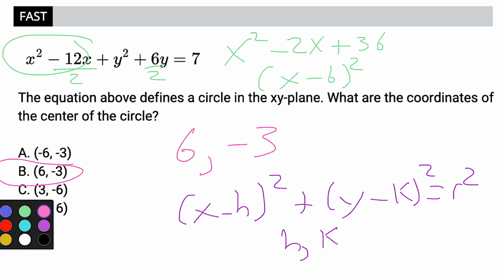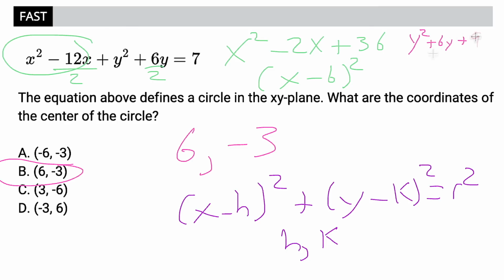Likewise, we would do the same thing to y, and we would end up with y squared plus 6y. 6 divided by 2 is 3. 3 squared is 9 plus 9. And that would factor to y plus 3 squared. And then as far as the stuff that we add, all of this, the 36 and the 9, gets added to the right side.